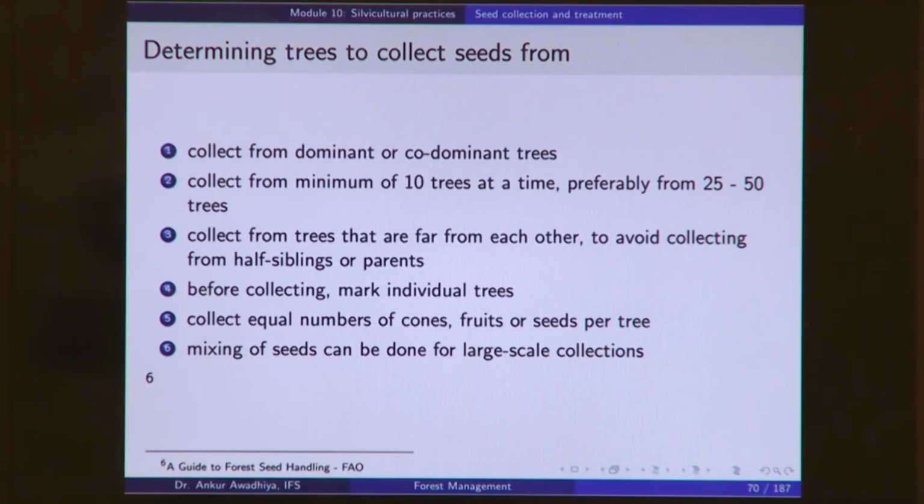So, here we can say that the seeds will get enough nutrients, because of which they will be much more viable as compared to a seed from a plant that is not a dominant plant, which is not getting enough sunlight.